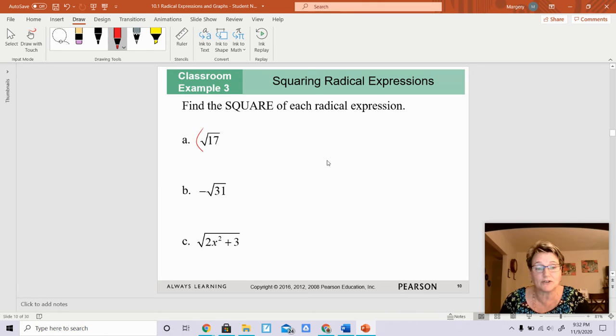So I'm going to square this, and that's going to give me 17, because the square root of 17 times the square root of 17 gives you the square root of 17 squared. And when you square root something that is squared, whatever's being squared comes out. So you get 17.